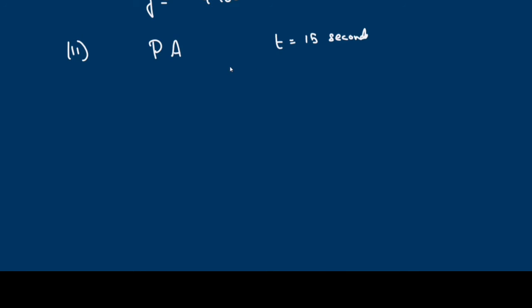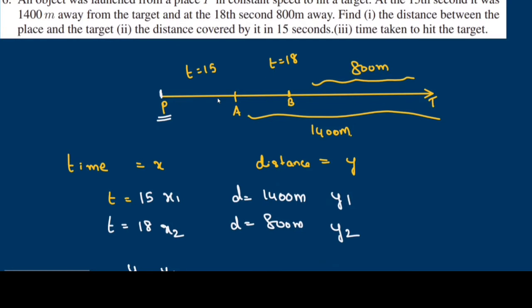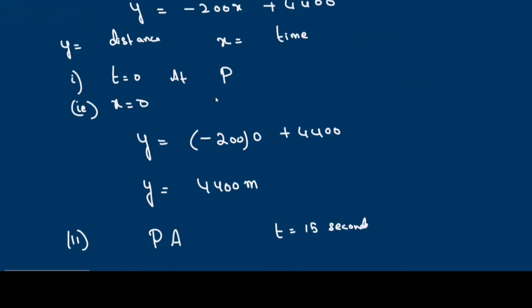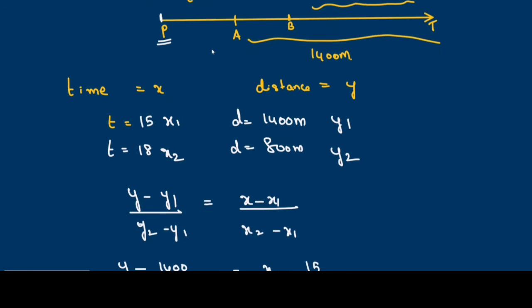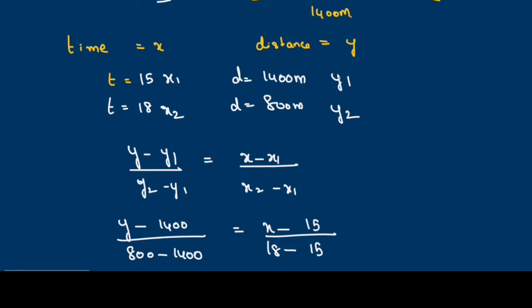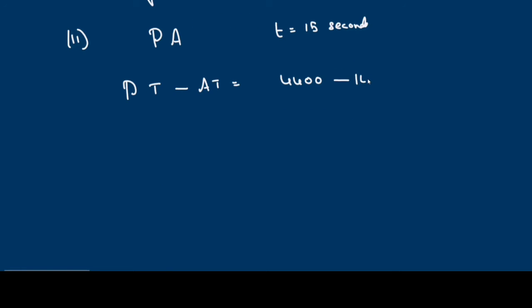So PA is PT minus AT. Total distance is 4400 minus AT, which we also know, from A to T it is 1400. So the distance PA is 3000.